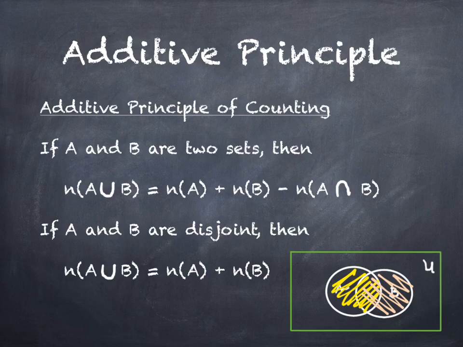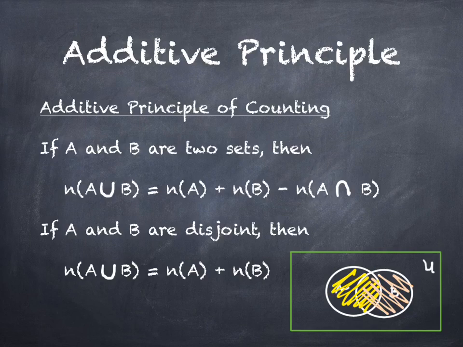And what happened when I did that? I counted the middle twice. So when I count the part in the left circle and I count the part in the right circle, I've double counted the middle. So in order to make up for that double count, I have to remove it one of the times I double counted it. So that's where that formula came from when we saw it before. And it works exactly the same way now. Okay, we're removing double counts.